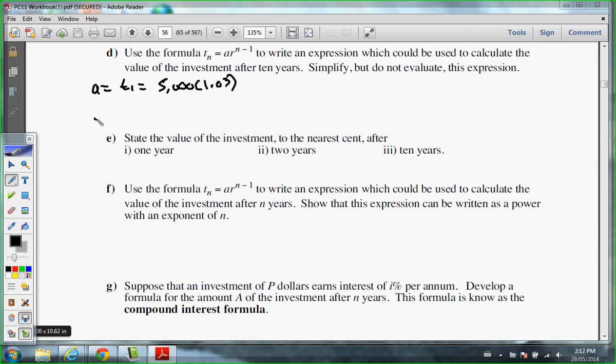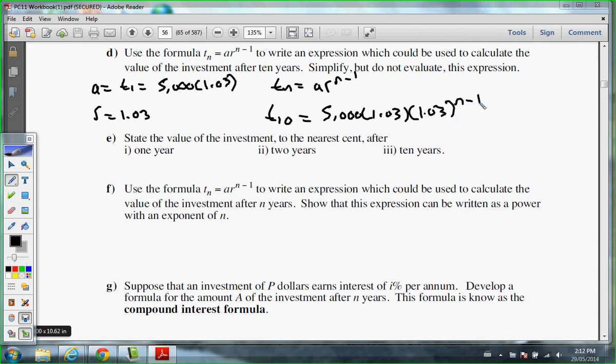We know our r is 1.03. And we know the general form is T sub n equals a r to the n minus 1. So T sub 10 is going to be 5,000 times 1.03 times 1.03 to the n minus 1.